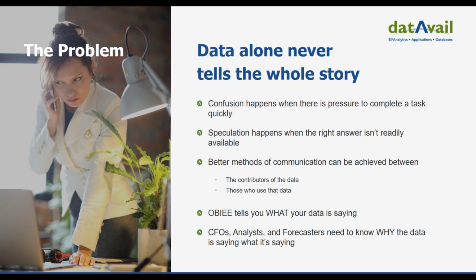So in the name of keeping the timeline, we go with the best answer available. Well, not much can be done about timelines. Executives will always need everything yesterday. But better, more efficient methods of communication can be achieved between, in this case, the contributors of the data and those who use that data to create the board books that the executives will use to make decisions.